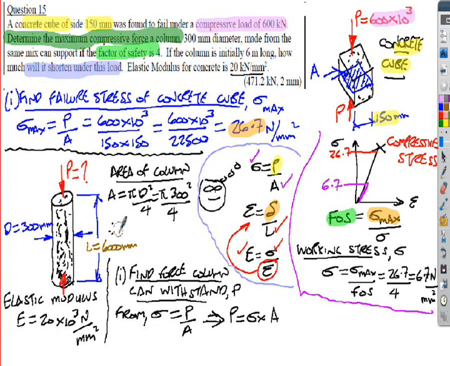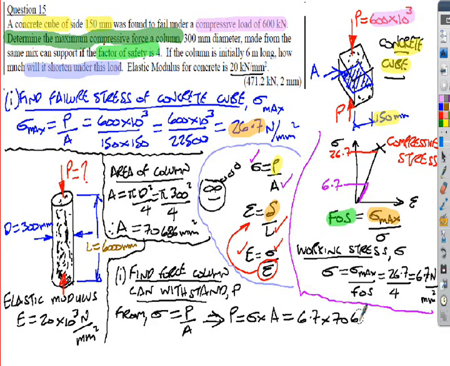On my calculator, my area will equal 70,686 millimeters squared. So I can put that into my equation here. The working stress is 6.7 newtons per millimeter squared from above, multiplied by the 70,686.